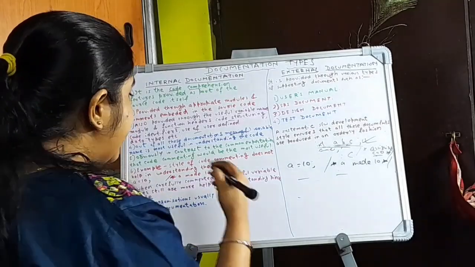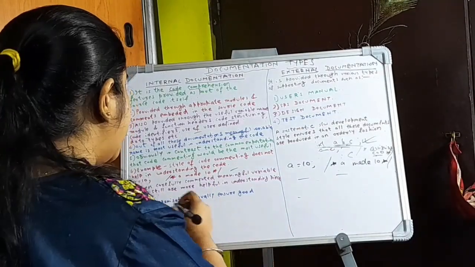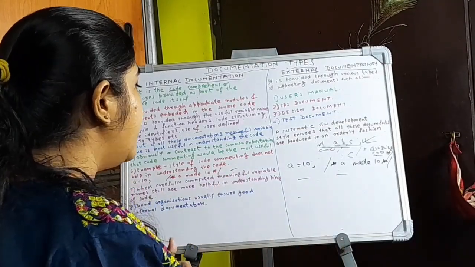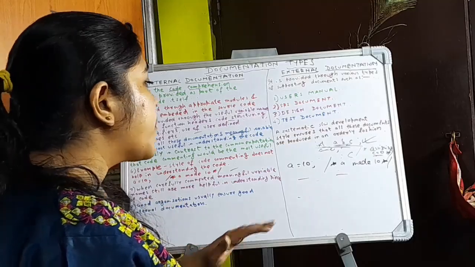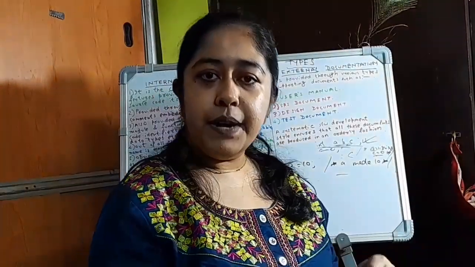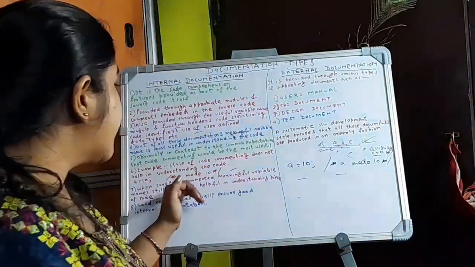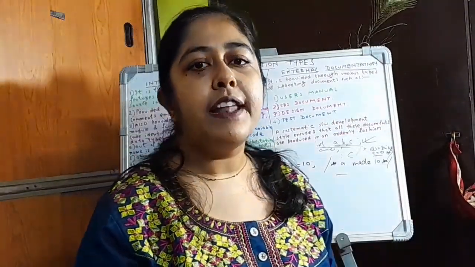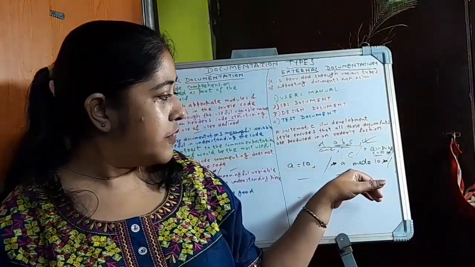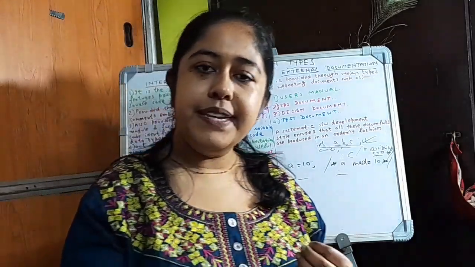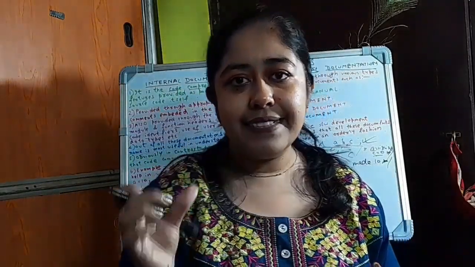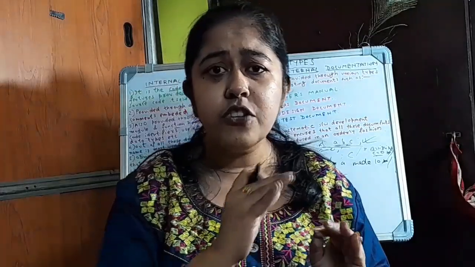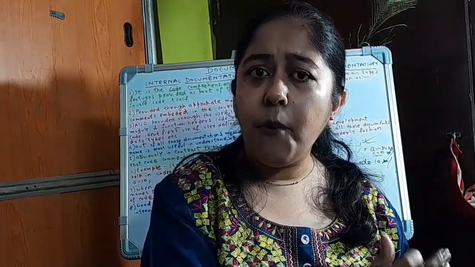Now, even when carefully commented, meaningful variable names are still more helpful in understanding a piece of code. When you are writing a comment, carefully commented, meaningful variable names are still more helpful. When you are using meaningful variable names and commenting, you have to write very nicely whatever operation is going on.